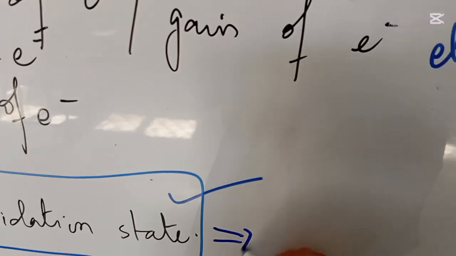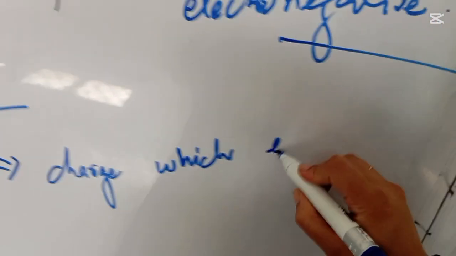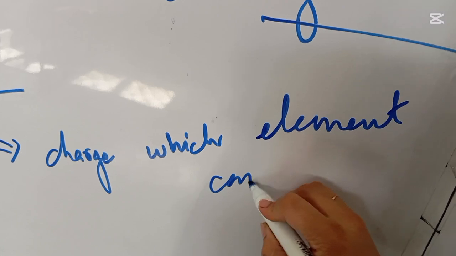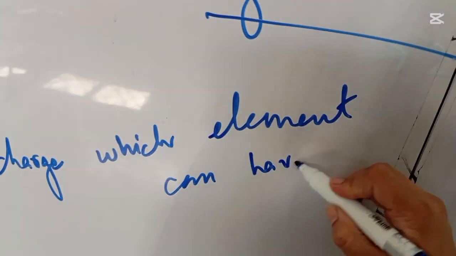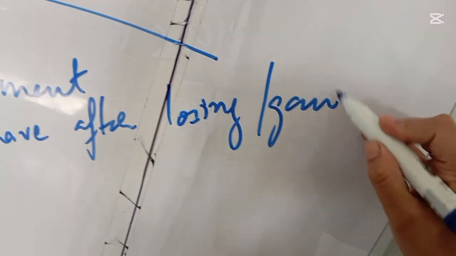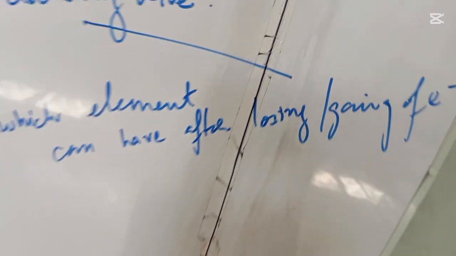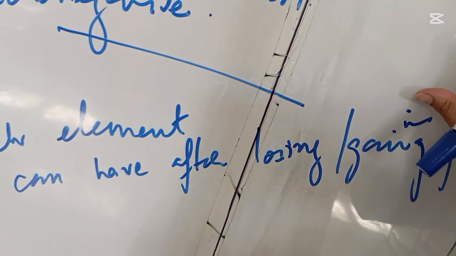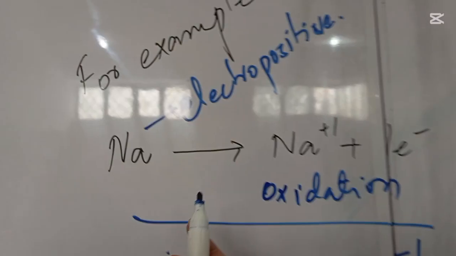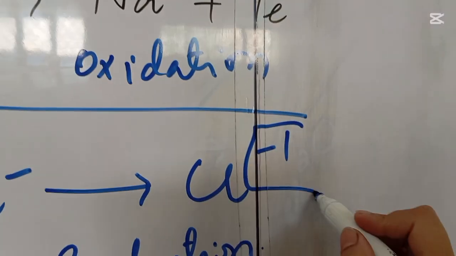Oxidation state basically refers to the charge which an element can have after losing or gaining an electron. You can see in the example which has been discussed here that sodium lost its electron and gets an oxidation state of +1, whereas chlorine gained an electron and gets an oxidation state of -1.